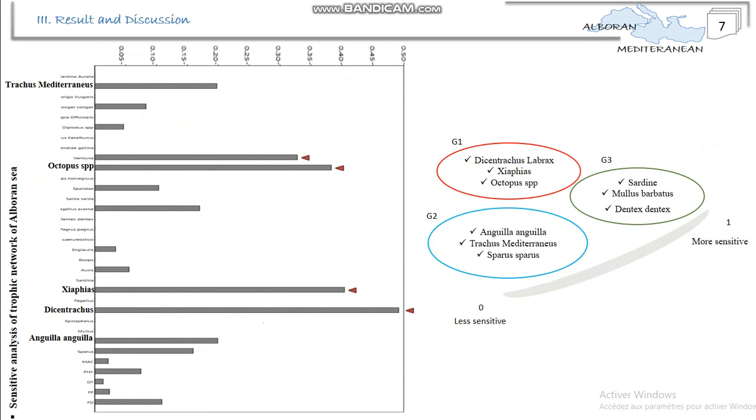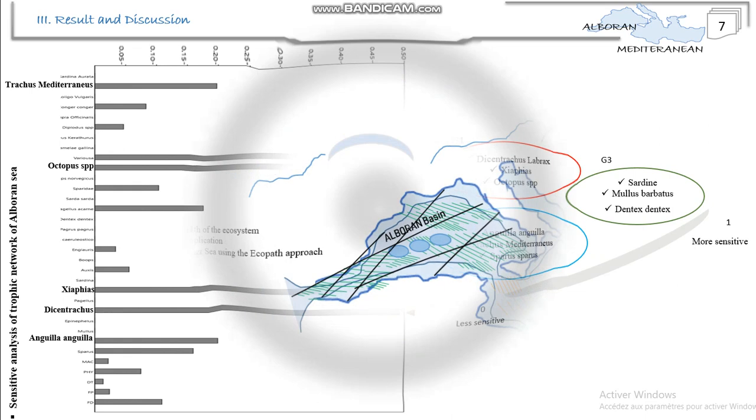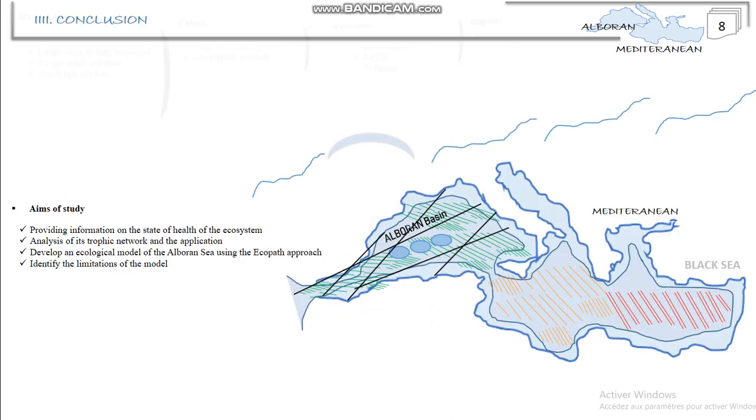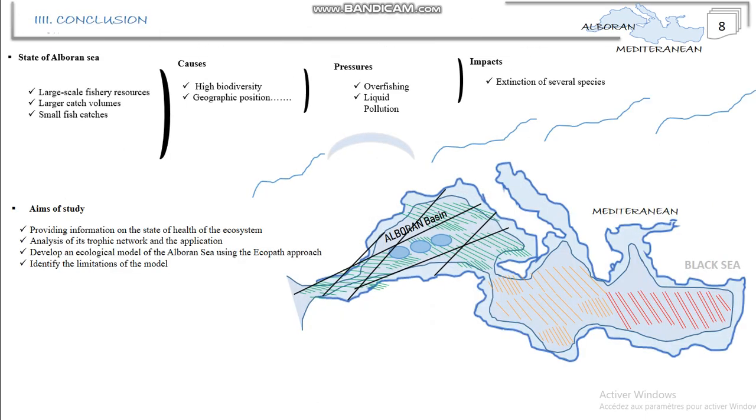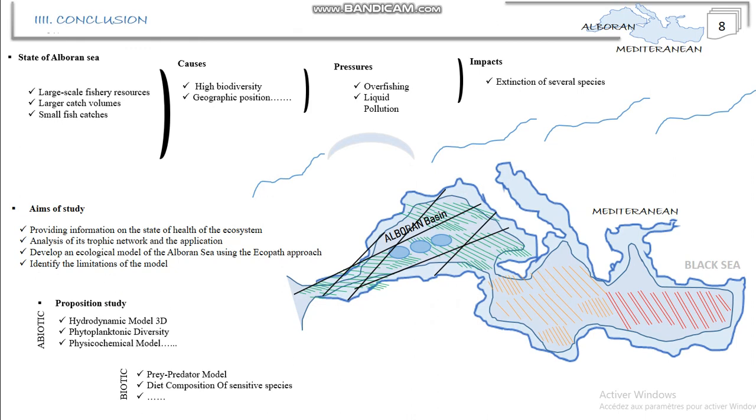So from all of that, we can really deduce that the state of the Alboran Sea is characterized by a high biodiversity, and also a large catch volume because of the industrial fishing that we have here, without forgetting the liquid pollution that can impact, with time, and lead to the extinction of several species.